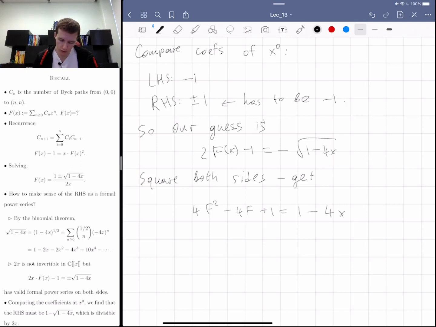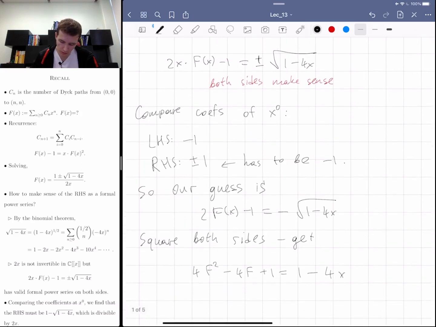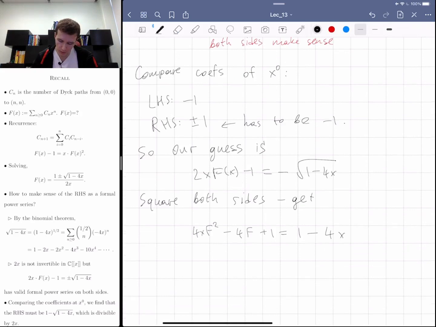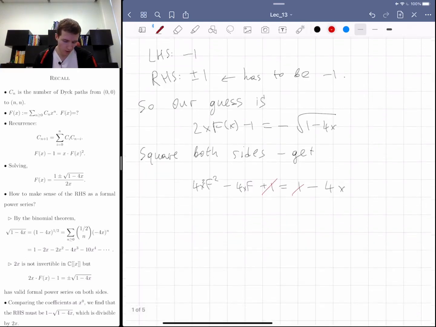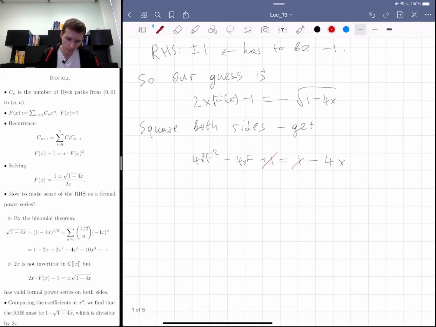Wait, sorry, there was a 2x. 2x f of x. So 4x squared f squared minus 4x times f plus 1 is equal to 1 minus 4x. So the ones cancel out, and what I get is equivalent to f of x minus 1 is equal to x times f squared.